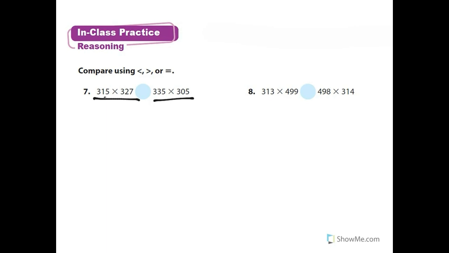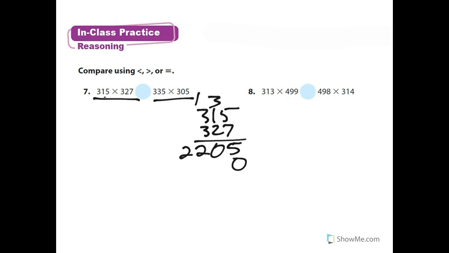So, 315 and 327. 7 times 5 is 35. Make sure you're writing along with me. 7 times 1 is 7, plus 3 is 10. 7 times 3 is 21. 21 plus 1 is 22. Drop my 0. Mark those out. 2 times 5 is 10. Carry that 1. 2 times 1 is 2 plus 1 is 3.